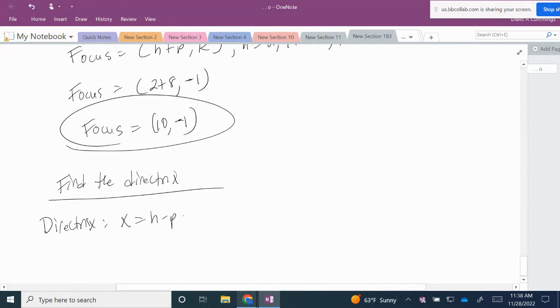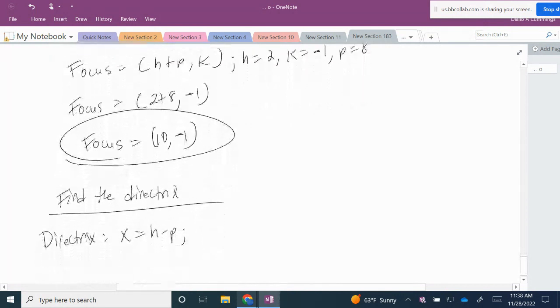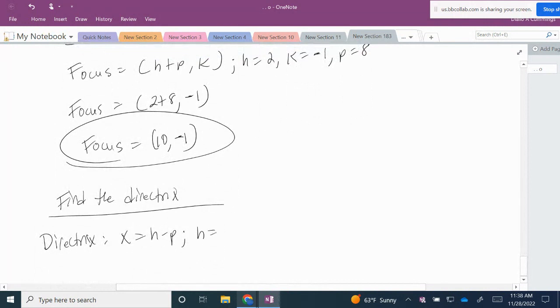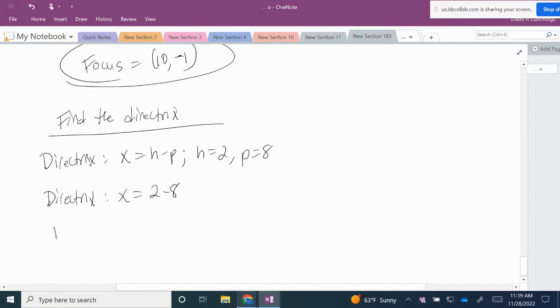I know that h is equal to 2 and p is equal to 8, so x is equal to 2 minus 8. So our directrix is x is equal to negative 6.